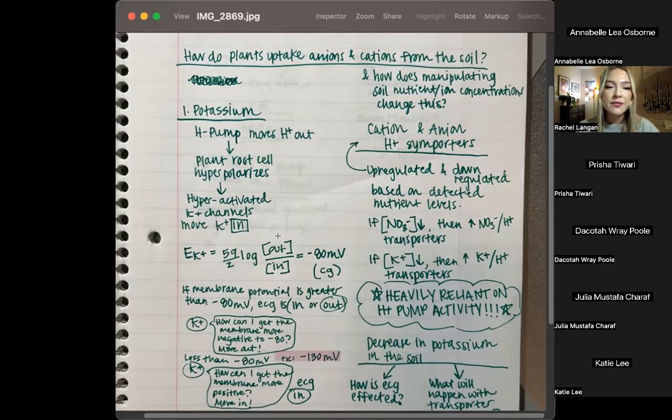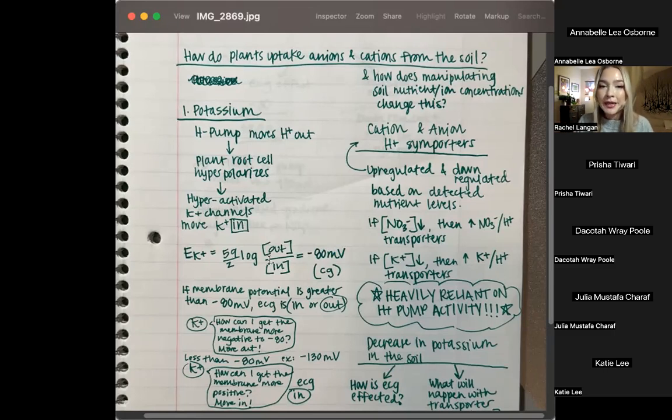Because if you change the equilibrium potential of the ion, it's going to change which direction it wants to move. How would we change the equilibrium potential? Well, under conditions when the soil nutrient levels are not normal.